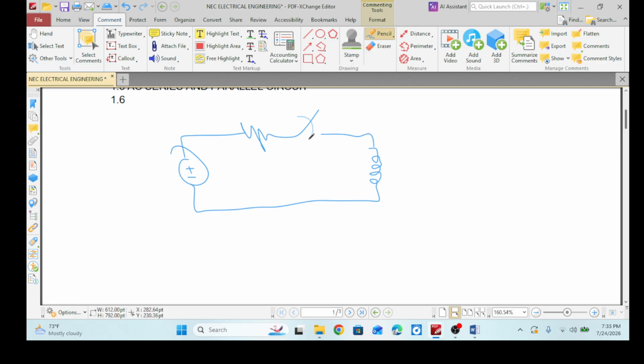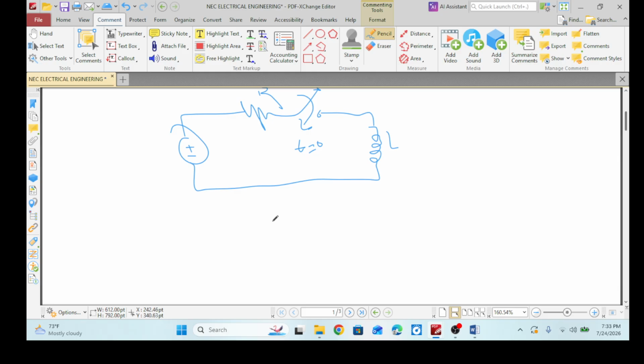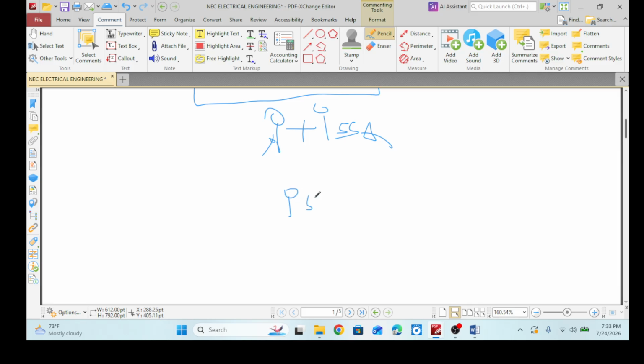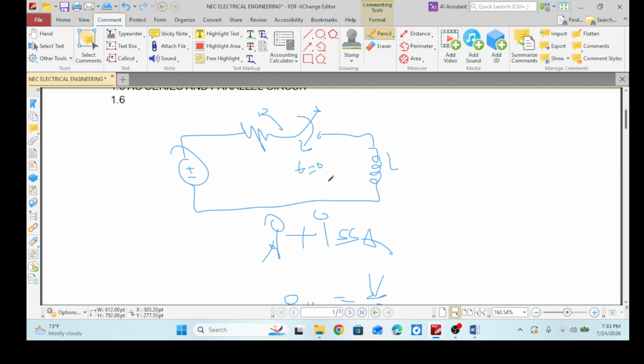This is a resistance, this is an inductance. Now the total current would be I transient plus I steady state, where I is the transient current and I_SS is the steady state current, and I_SS is nothing but V by R.